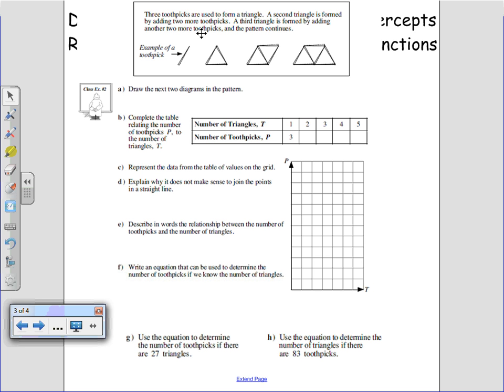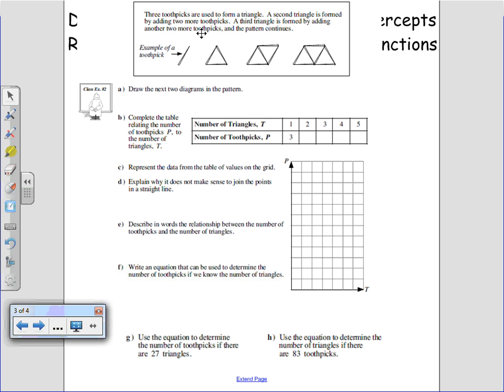Along the bottom, they have the number of toothpicks used. What would be the next number? So to get 2 triangles, how many toothpicks did we use? 5. For 3 triangles, 7, 9. It's just going up by 2, right?